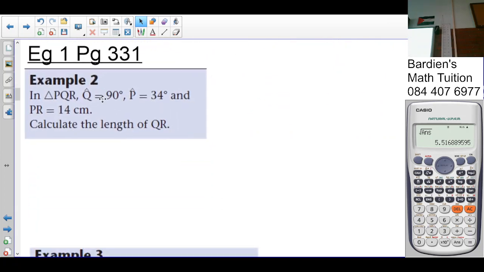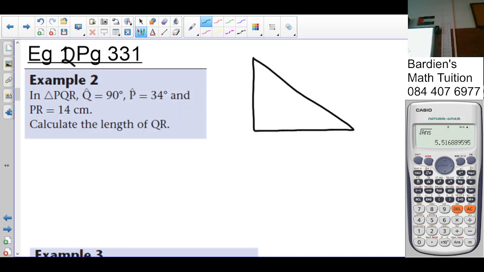Look at example 2 quickly. We are told that in triangle PQR, the angle Q is 90, angle P is 34 degrees, and PR is 14 centimeters.